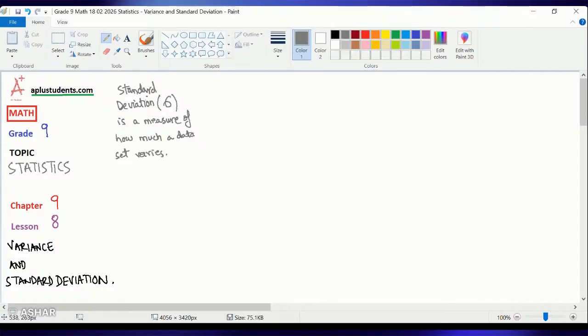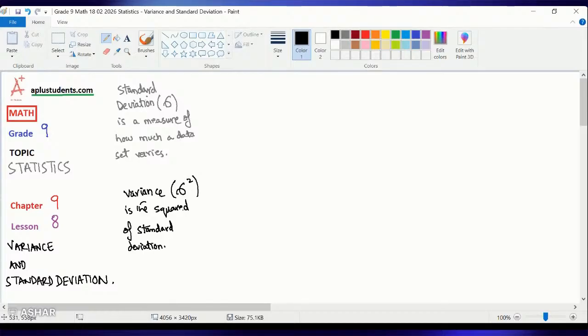The variation in the data can be standard deviation, whereas the variance is denoted by sigma squared. We can find variance simply because variance is the squared variation, the square of standard deviation.